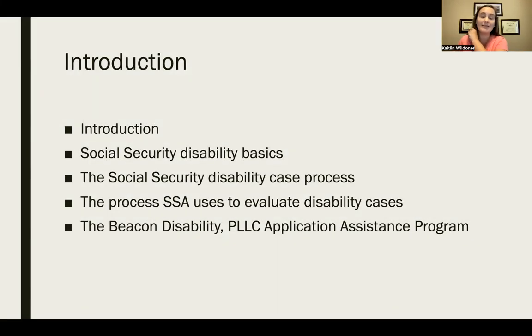The second process is the process that the Social Security Administration uses when they are evaluating your claim for disability benefits. And then finally, we are going to talk about the Beacon Disability Application Assistance Program, which is open right now. We will talk about what that is and what benefits you may be able to get if you are able to join that program.